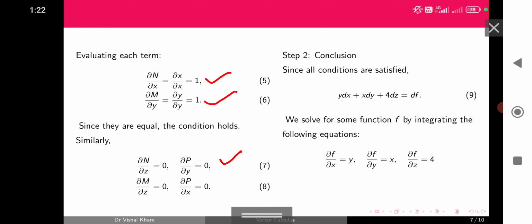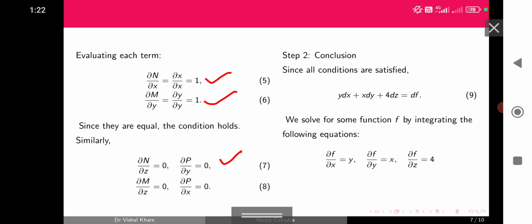So g(y,z) is independent of y and is only a function of z. So we'll put the value of g(y,z) here and write f is equal to xy plus h(z). g(y,z) is a function of only z, that's why h(z) is written here in place of g(y,z).